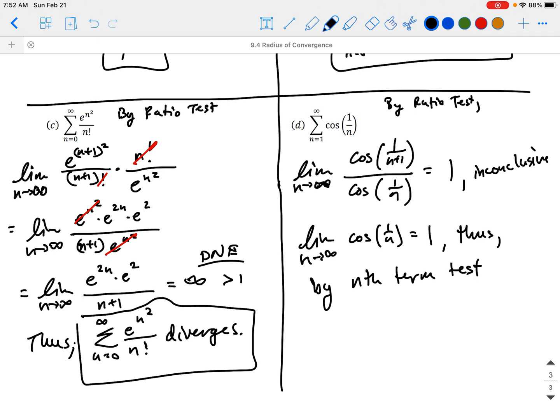Thus, by the nth term test, the series diverges. So we're going to want to fall back on what we used previously if the ratio test fails. There will be other tests as well that we can use, but the nth term test and comparison test are going to be ones that show up quite a bit.